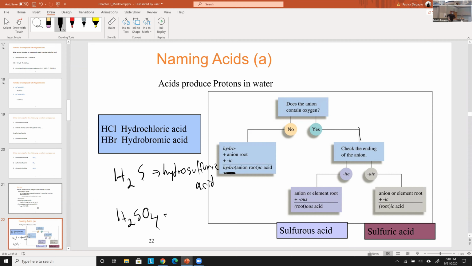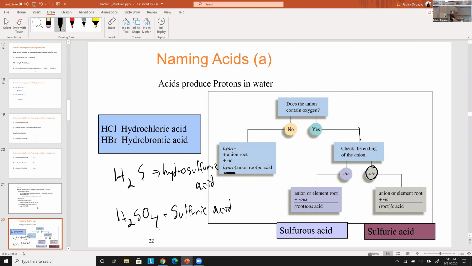If the anion has an ATE ending, just like sulfate, we change the name to ic. So sulfate becomes sulfuric. So this is called sulfuric acid. So hydrosulfuric acid and sulfuric acid are two completely different things because of this naming scheme. If this naming scheme didn't exist, the names would be the same, but they'd be completely different. Hydrosulfuric acid is a very weak acid, whereas sulfuric acid is the strongest acid there is, conventionally. There are actually a lot stronger ones, but for Gen Chem acids, this is the strongest one.